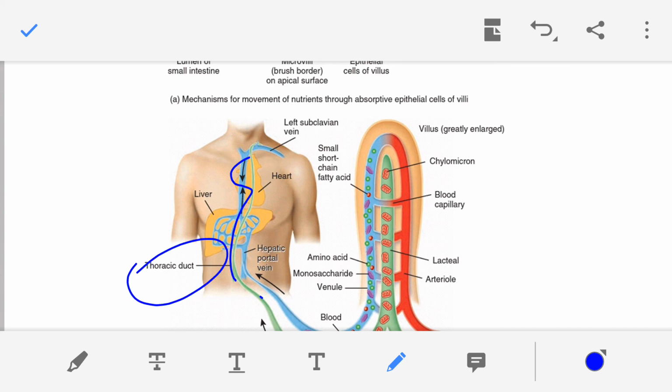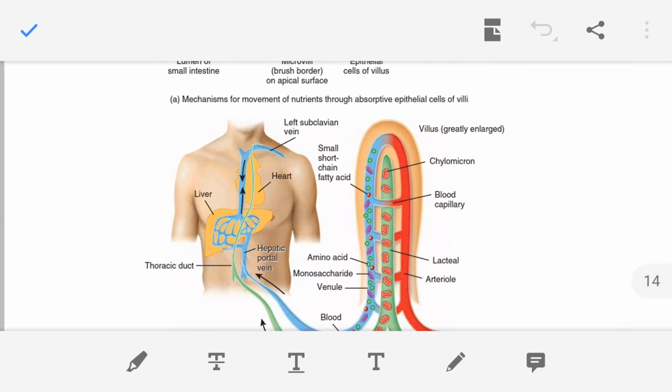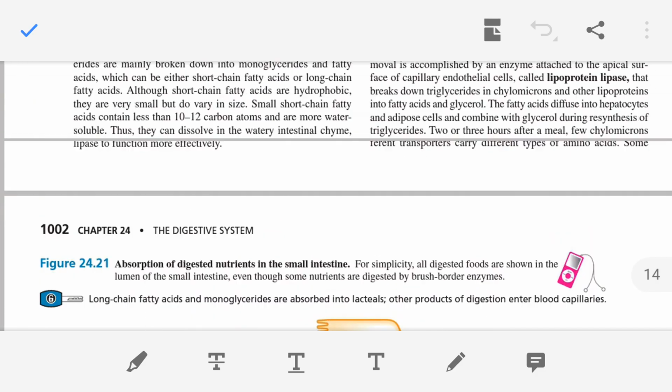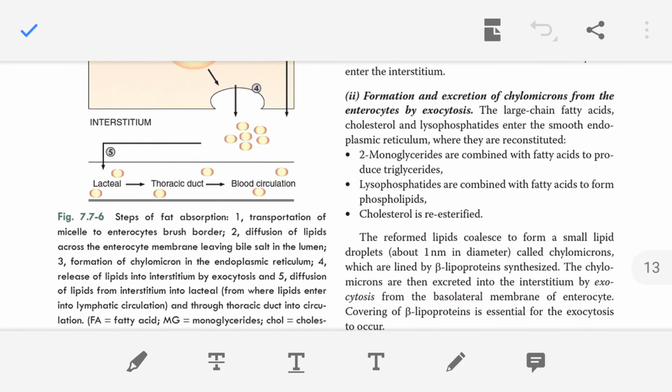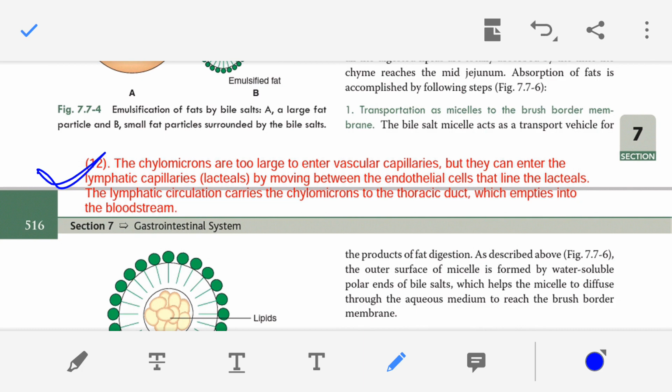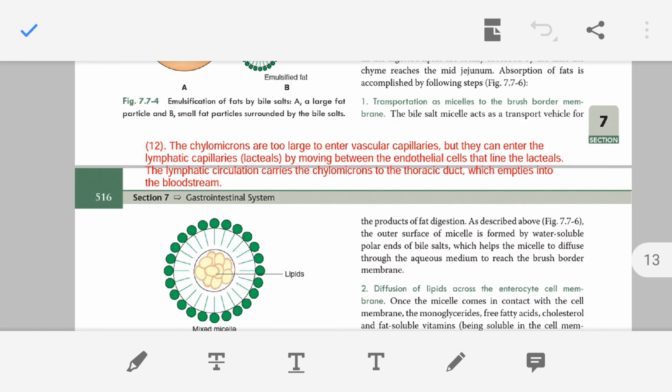So this is how the chylomicron enters the main blood circulation of our body. So this is the 12th point, and one figure I have shown you.